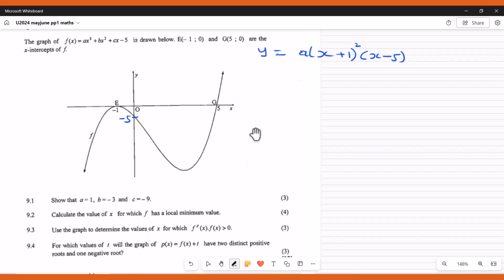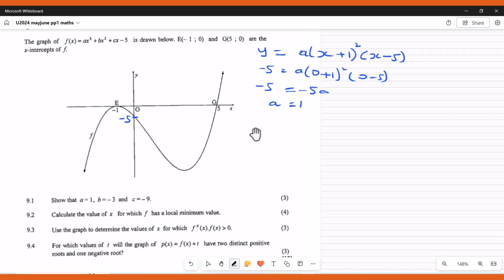So I'm going to say negative 5 equals a into 0 plus 1, squared, then into 0 minus 5. So I'm going to get negative 5 equals negative 5a, which gives me my a as positive 1.